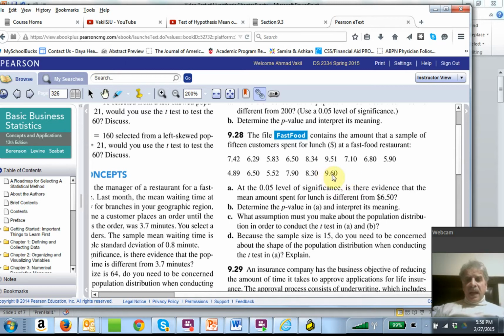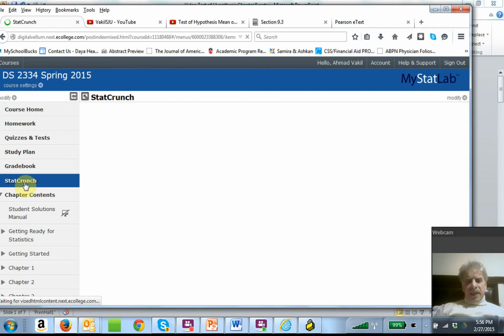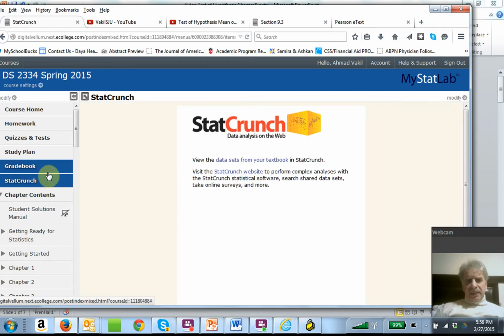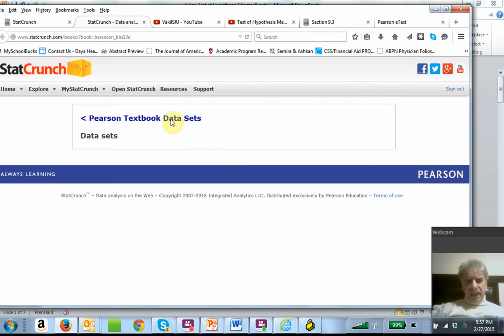Now, I would like to use StatCrunch, since some of you have a Mac and cannot use Excel. So I go to the Pearson site, and over there I try to access StatCrunch. It takes a little bit of time, but eventually it asks if I want to use the data set from my textbook, and that's what I'm going to do.